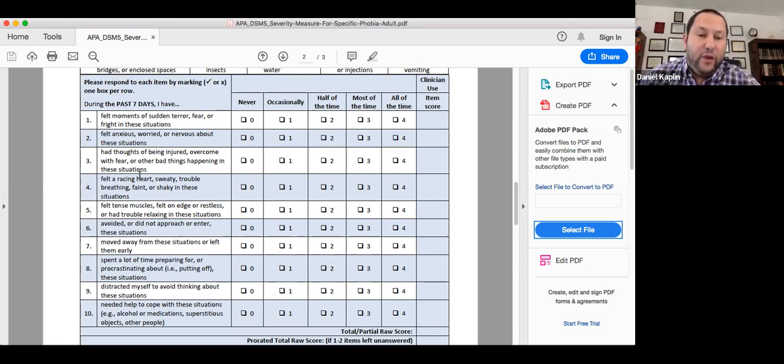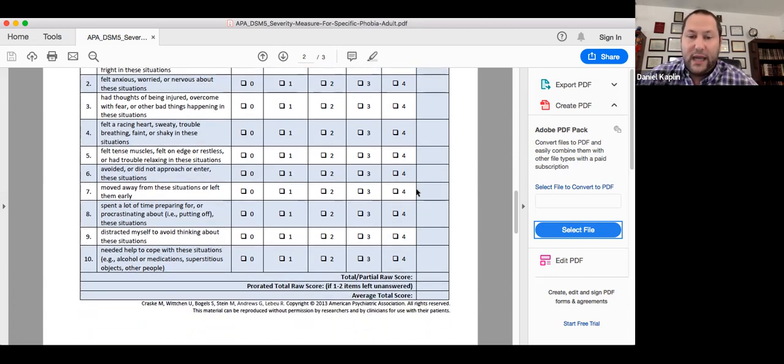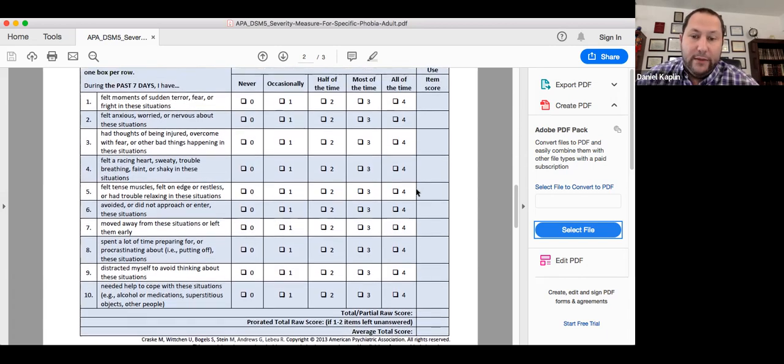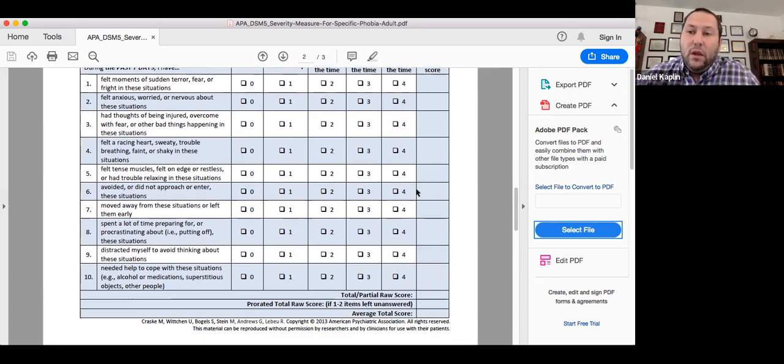And then after you answer all 10 items, basically we're going to get an average. So we add up each item score and then divide it by however many items they answered. Now, we expect them to answer at least 8 out of 10. If they answer less than 8 out of 10, it really compromises the validity of the instrument. But whatever number of questions they answered, you divide by that.